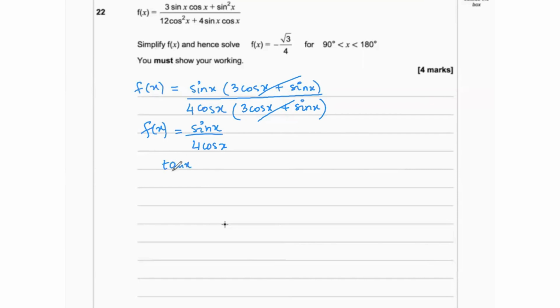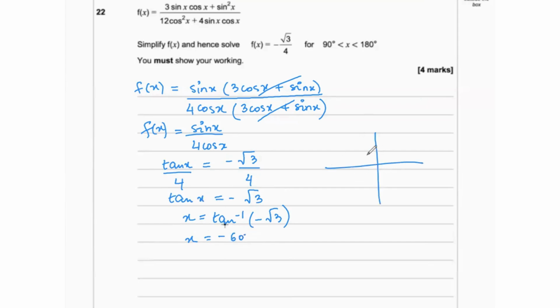So tan x over 4 is equal to negative root 3 over 4. So that means tan x is equal to negative root 3. X is going to be tan inverse of negative root 3, which is equal to negative 60 degrees.